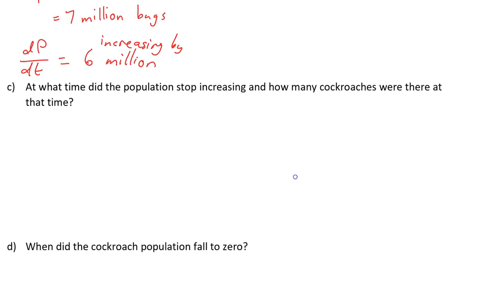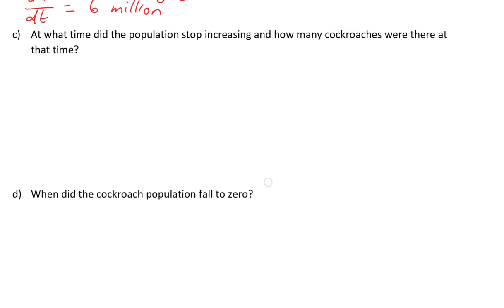At what point in time did the population stop increasing? It's increasing to begin with, at a rate of 6 million cockroaches per month. But at some stage, that's going to stop. That's when dP by dt is equal to 0, neither going up nor going down; it is steady.